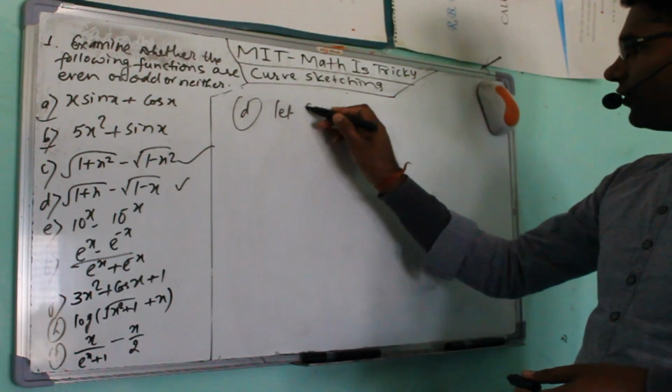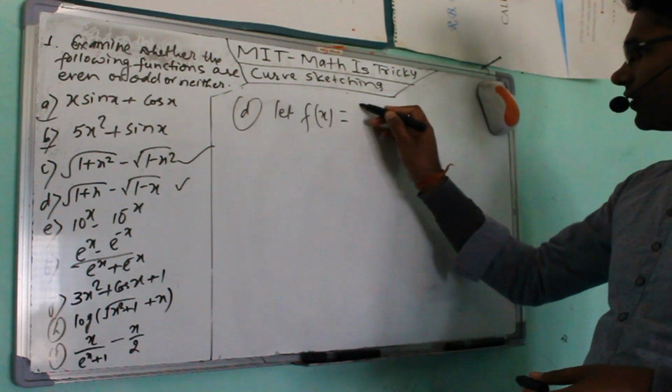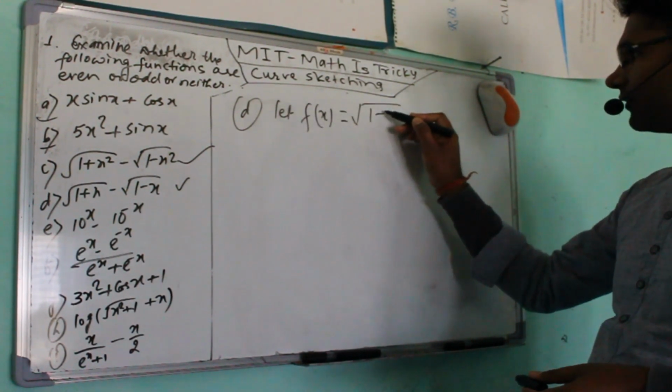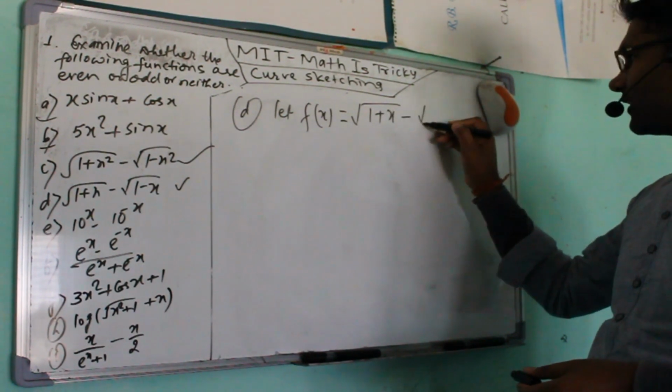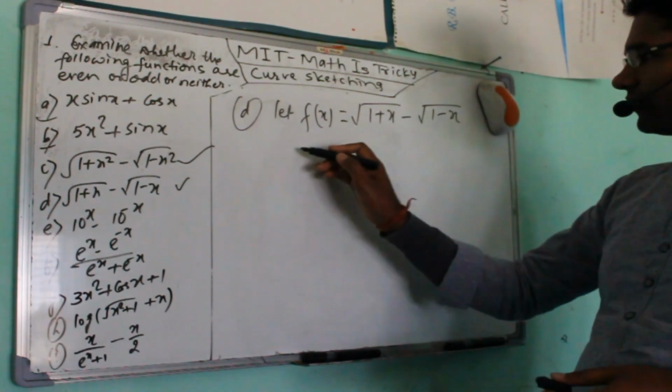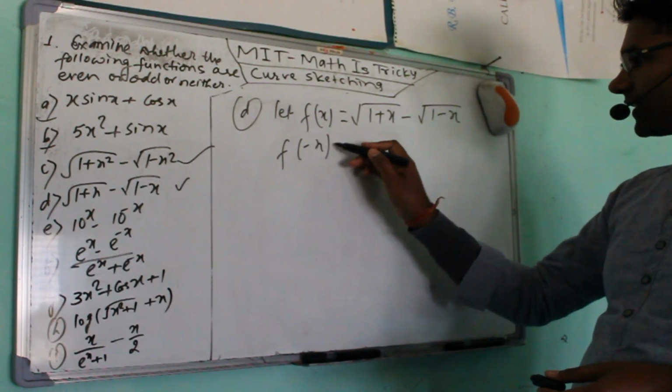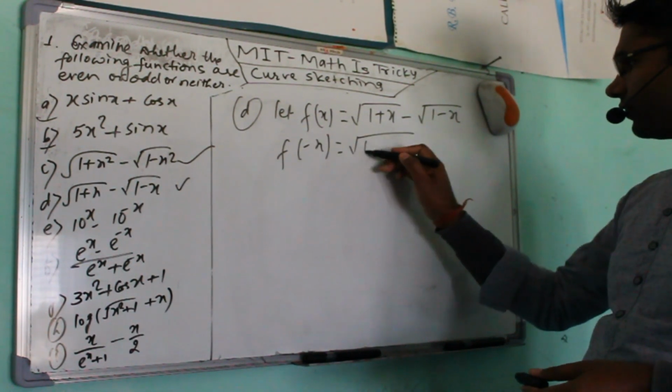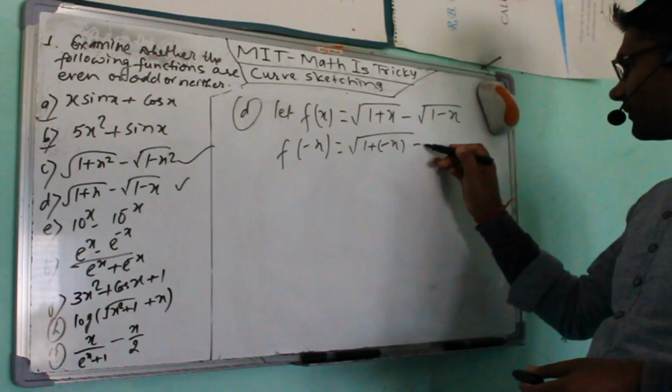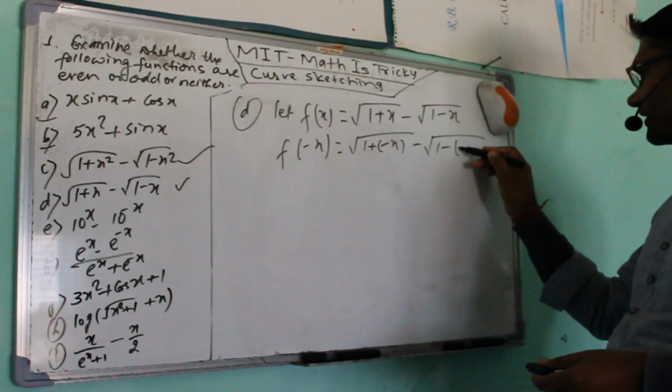Let f of x equal square root of 1 plus x minus square root of 1 minus x. Let's find f of minus x. So it will be square root of 1 plus minus x minus square root of 1 minus minus x.